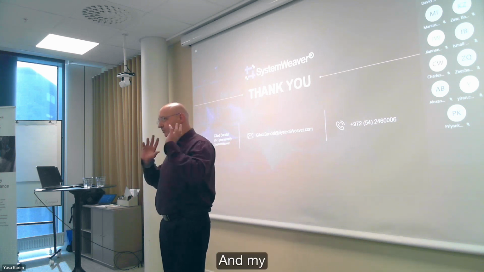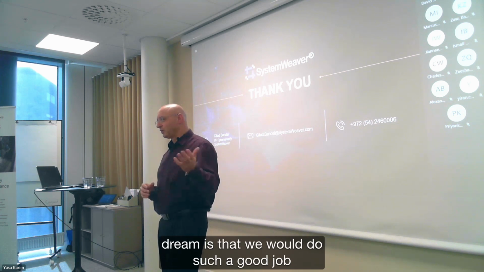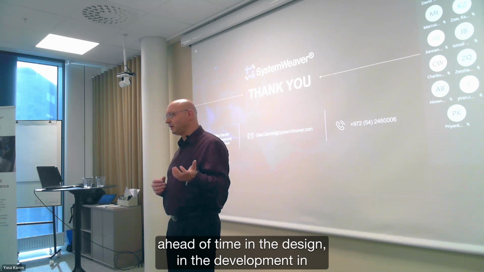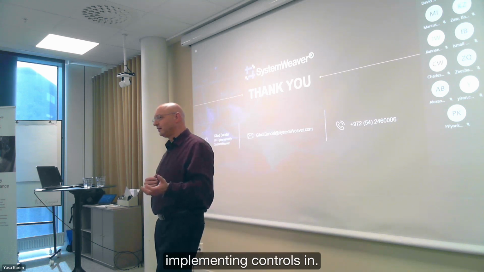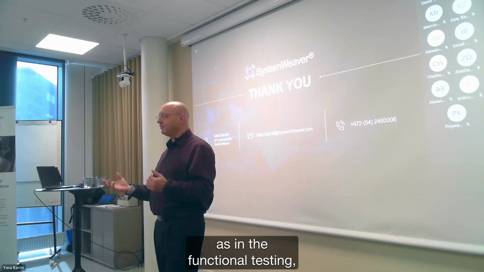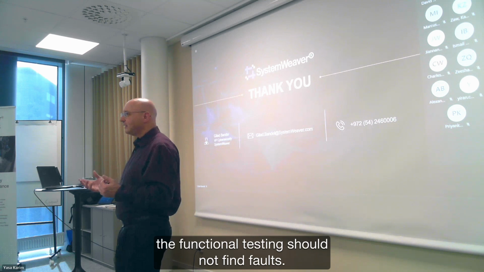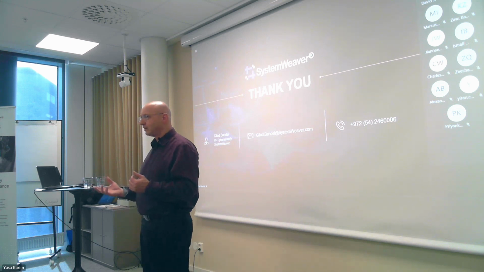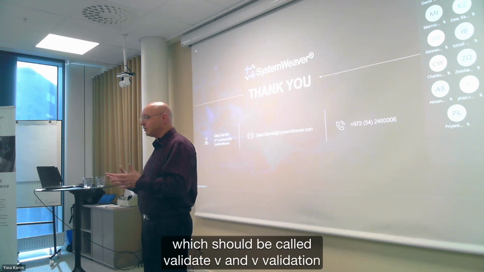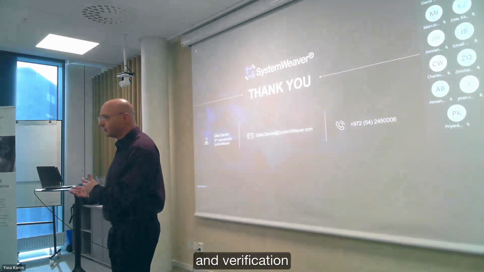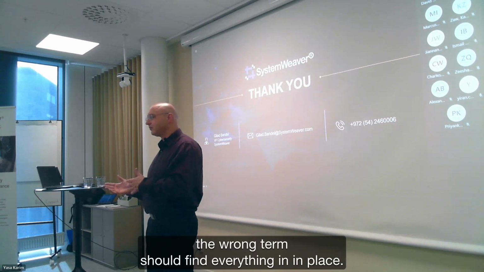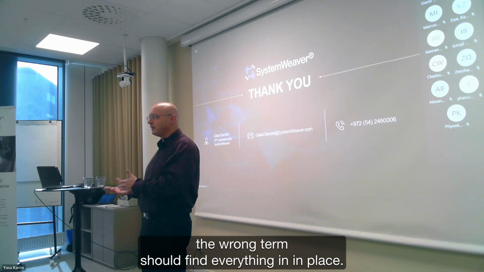And my dream is that we would do such a good job ahead of time in the design, in the development, in implementing controls, that when we reach the testing, as in the functional testing, it should not find faults. If you developed right, the functional testing, which should be called V&V, validation and verification, and not quality assurance, should find everything in place.